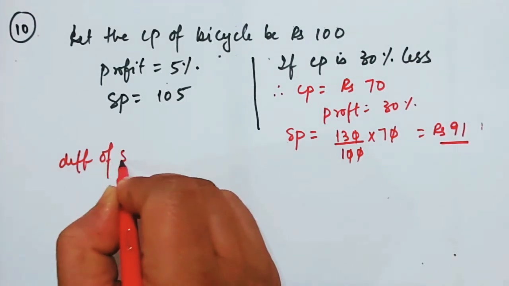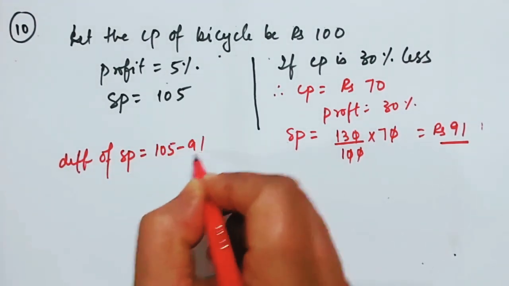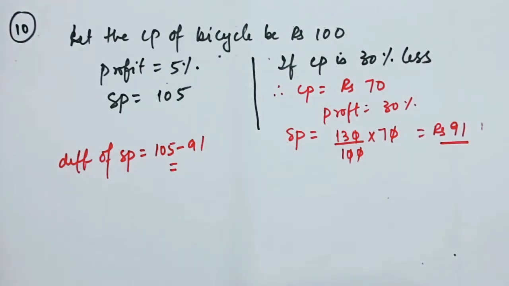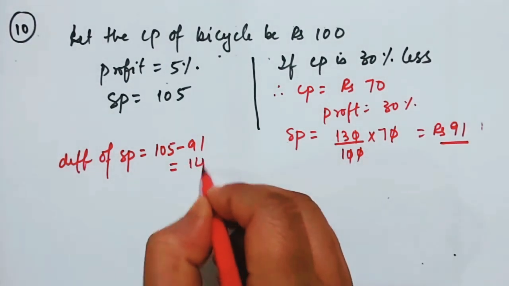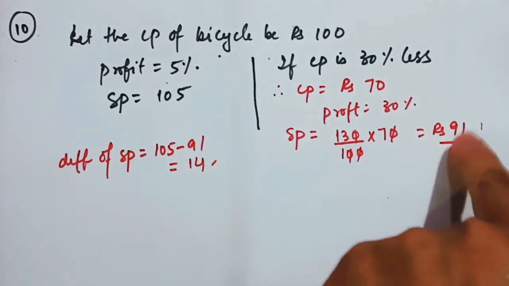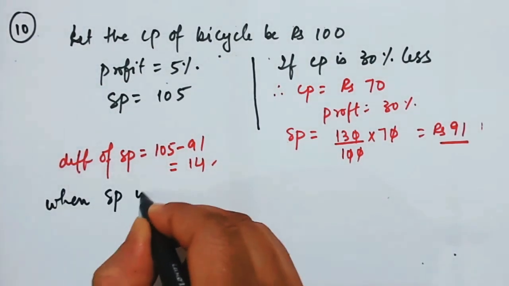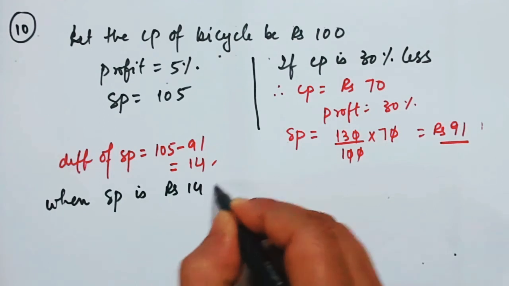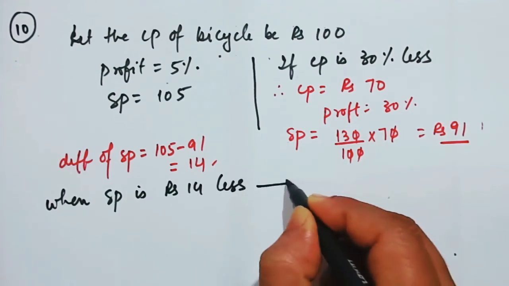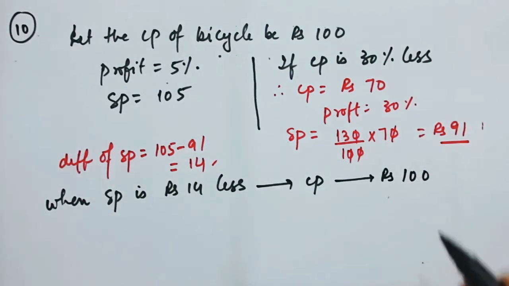So difference is how much? Difference of selling price is 105 minus 91, which is equal to 14. So now how will I write? When the selling price is rupees 14 less, my cost price was rupees 100.